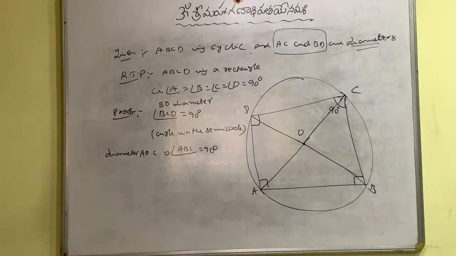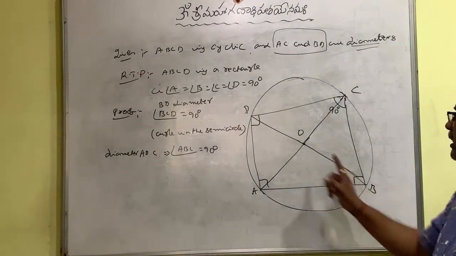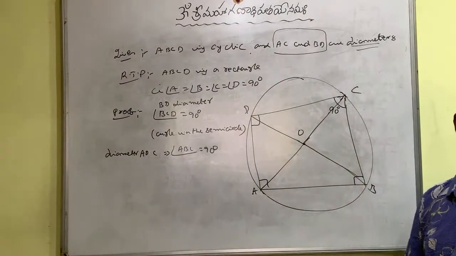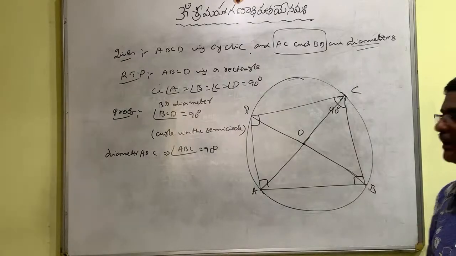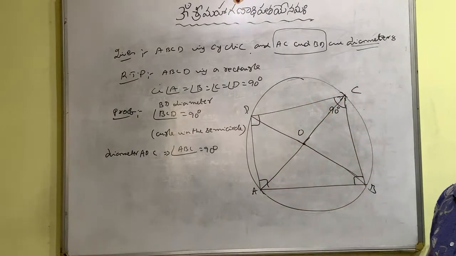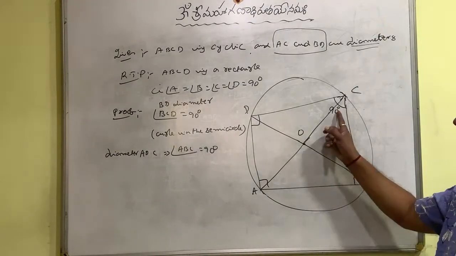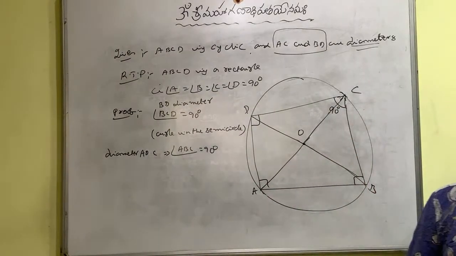Or you can also do this problem like this. BD is the diameter, angle BCD in the semicircle is 90 degrees. If this is 90 and this is a cyclic quadrilateral, the sum of opposite angles of a cyclic quadrilateral is 180. So if this is 90, the opposite angle is 90 because the sum of these two must be 180.